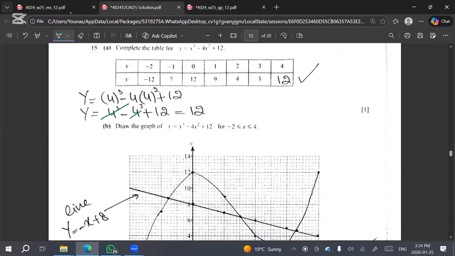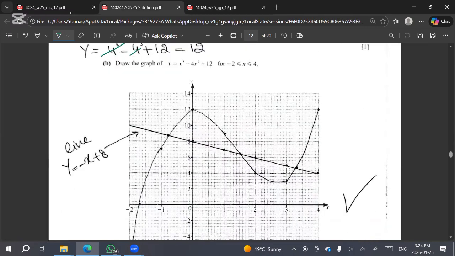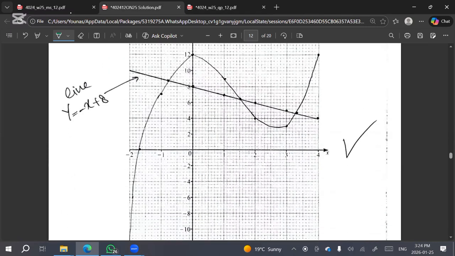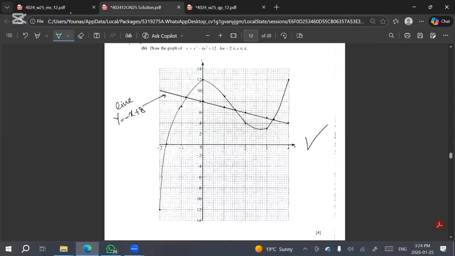Okay, so I plotted these points and you can see here, let me show you. I plotted this point here, this point here, then we have this point, and this point.